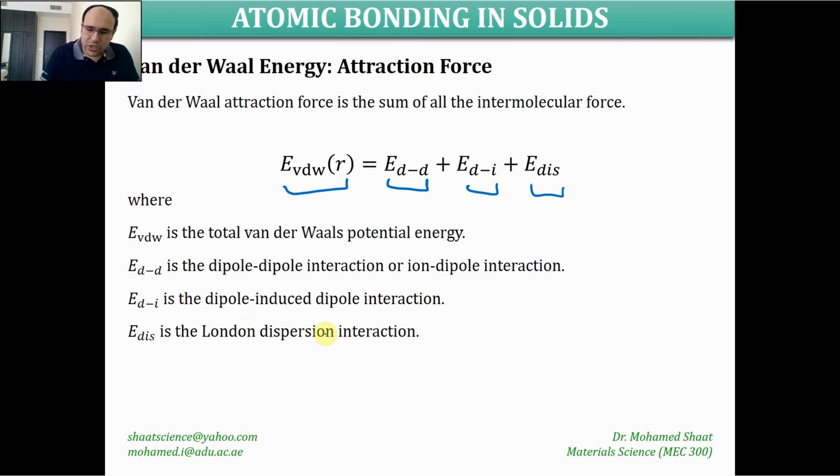So the sum of these energies gives the total van der Waals energy. The van der Waals energy is not one of the types of the interaction forces or interaction potentials. It is the sum of all the potentials that could be generated between two molecules, depending on their polarity, whatever they are, polar or non-polar.